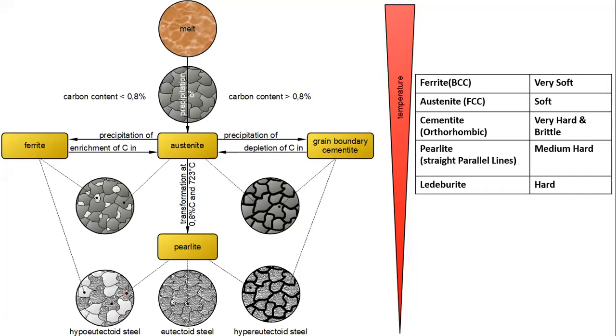Why? It is not very hardable nature, it is a medium hard. So to change the structure or to change the entire formation is possible for hypoeutectoid steels.